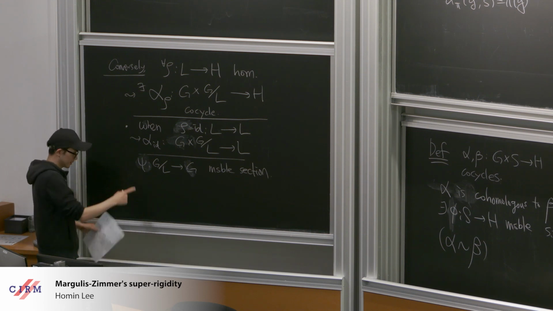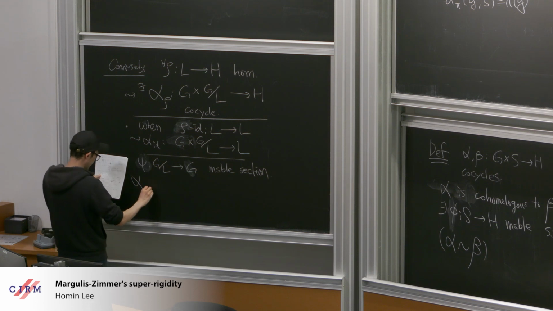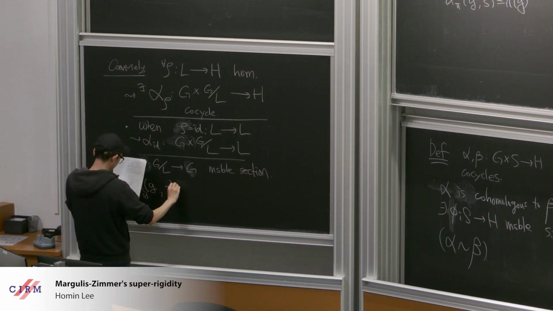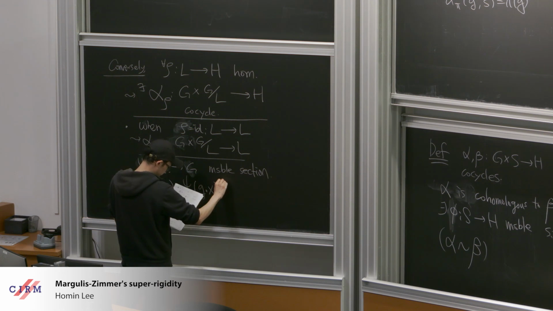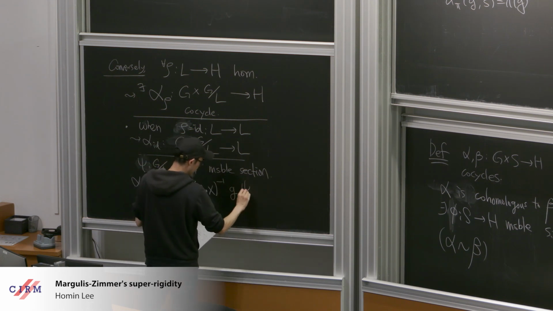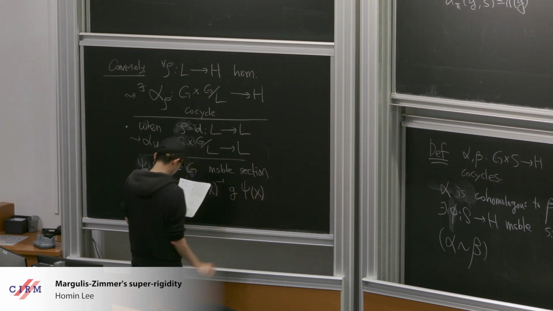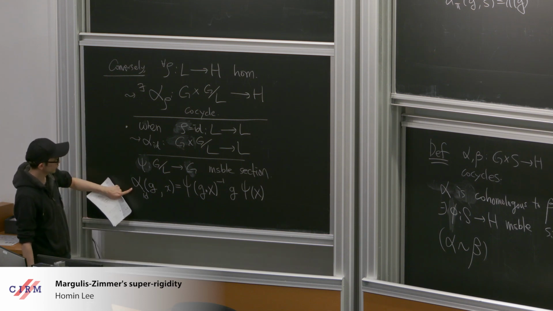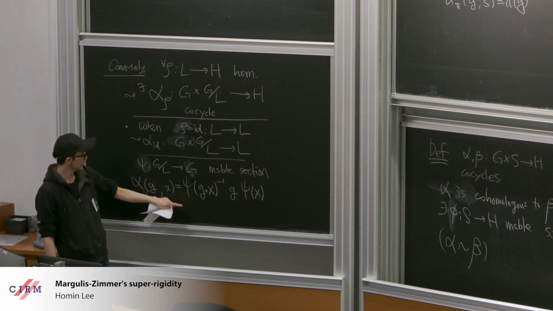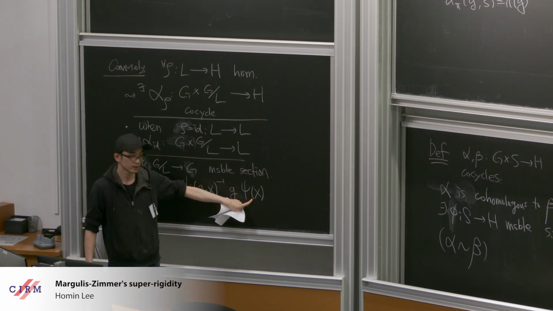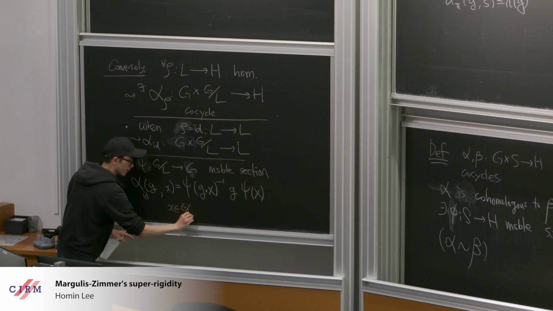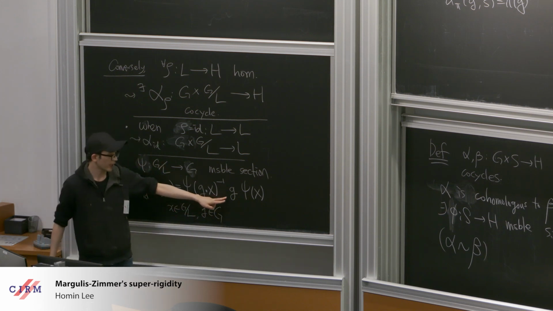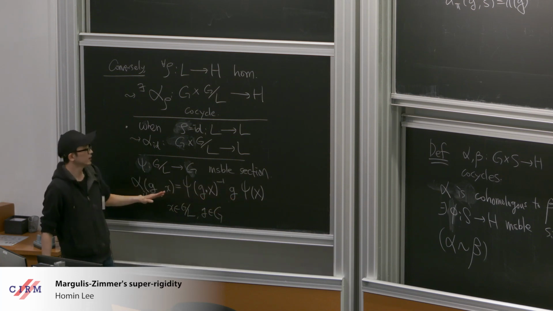So if you choose the measurable section, then alpha identity of G, comma X, you can define it as psi of G dot X inverse times G times psi of X. Now, this is well defined, because they live in G. They are elements in G. Psi is the map from G mod L to G, and X is inside G mod L, and G is inside G. So you can multiply the elements in G.